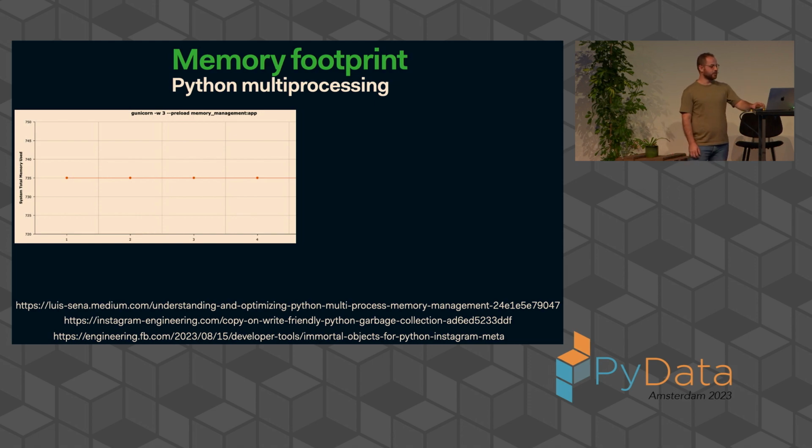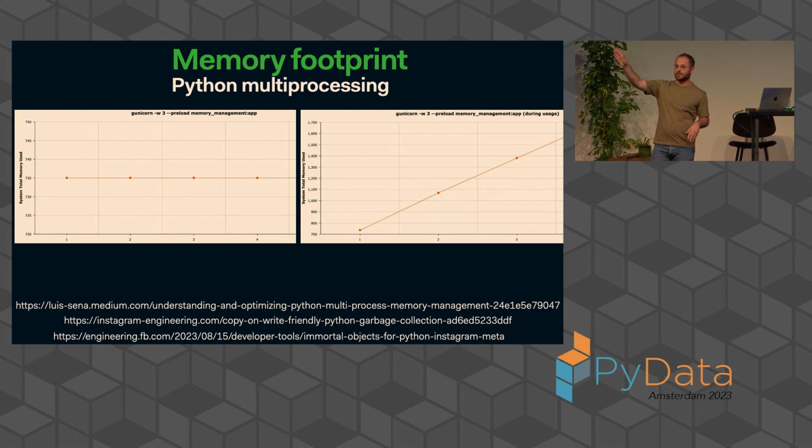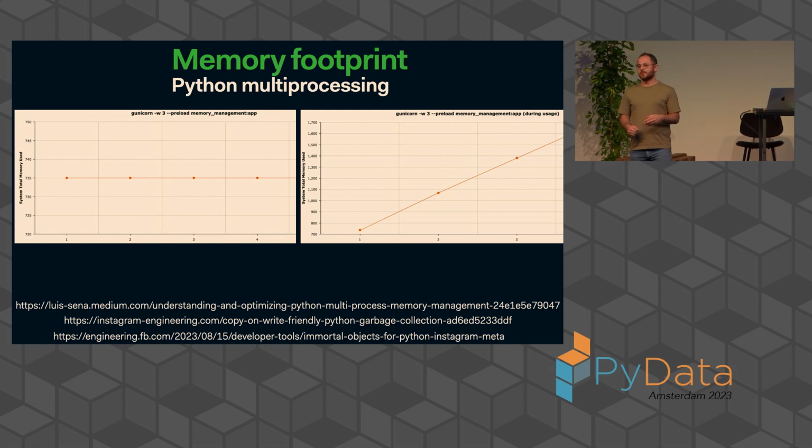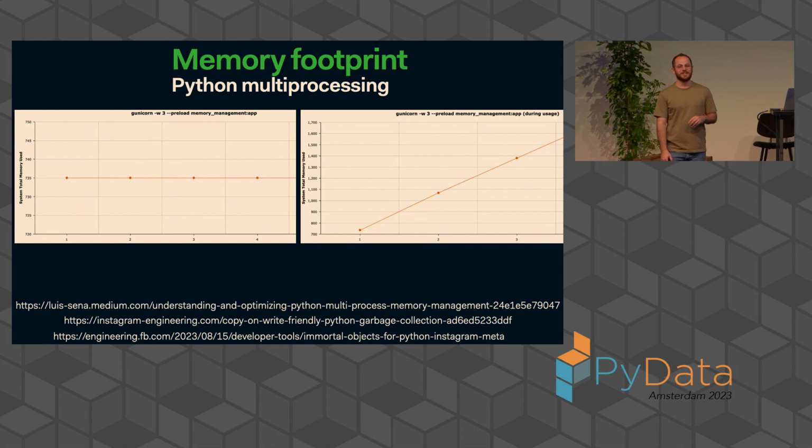You start adding workers, and you think the memory footprint is going to remain the same. However, you will see with time that memory footprint will automatically go up, and this is not your fault. It's Python's fault. It's a combination of how Python works. I'm not going to go too much into details, but it's basically about reference counting and how garbage collection works.